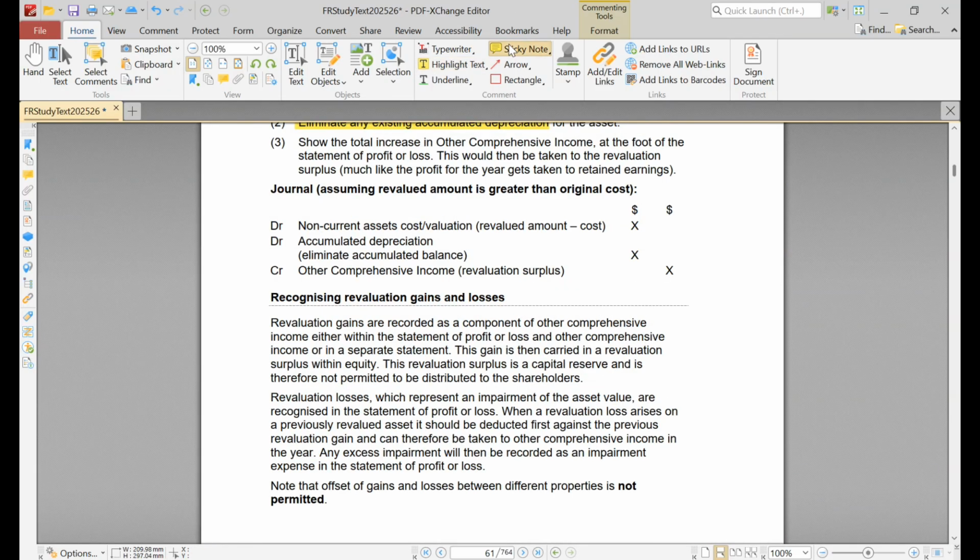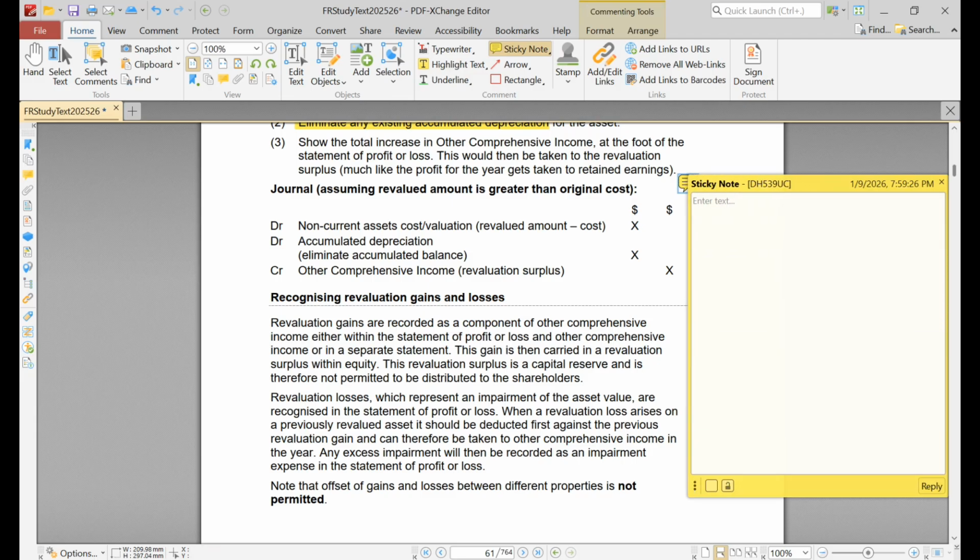Okay, let me write a note. So we are following the revaluation model. First, find the carrying amount on the revaluation date.